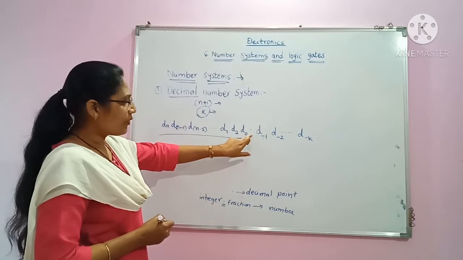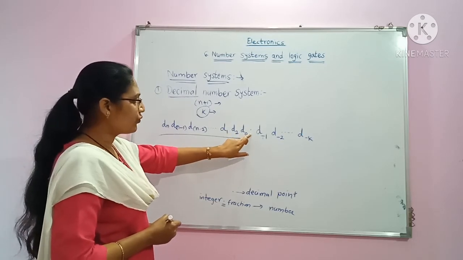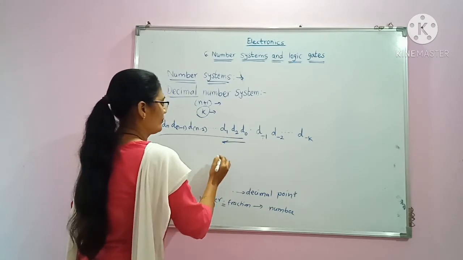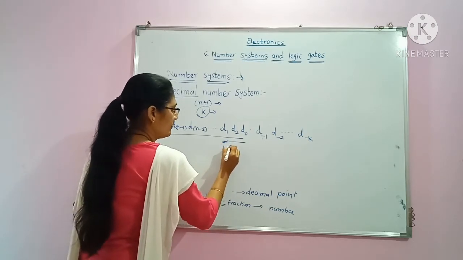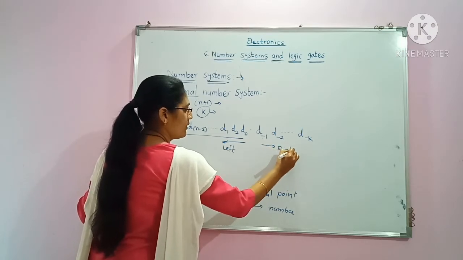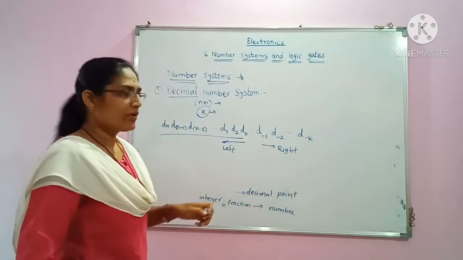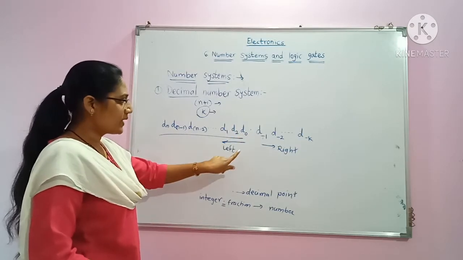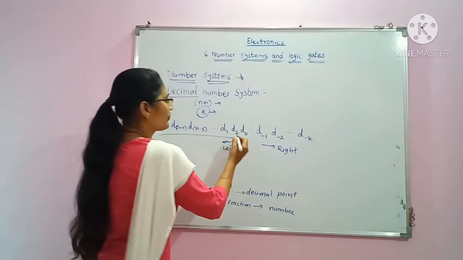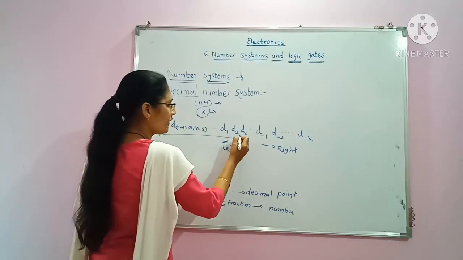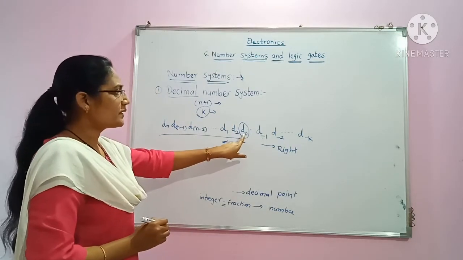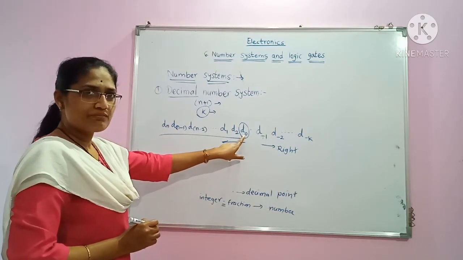From the decimal point, if we move towards the left, then the value of each digit is different.